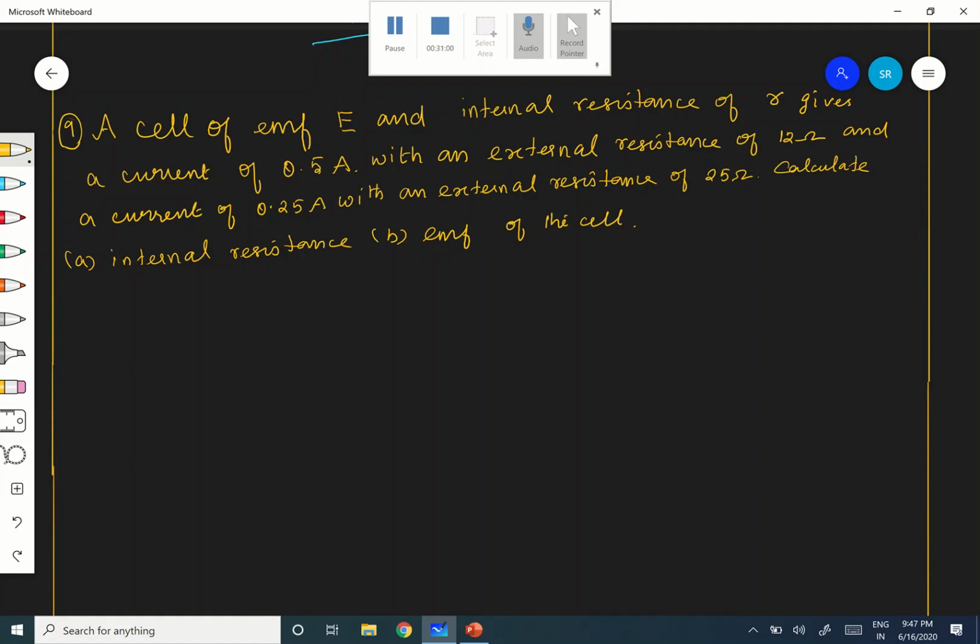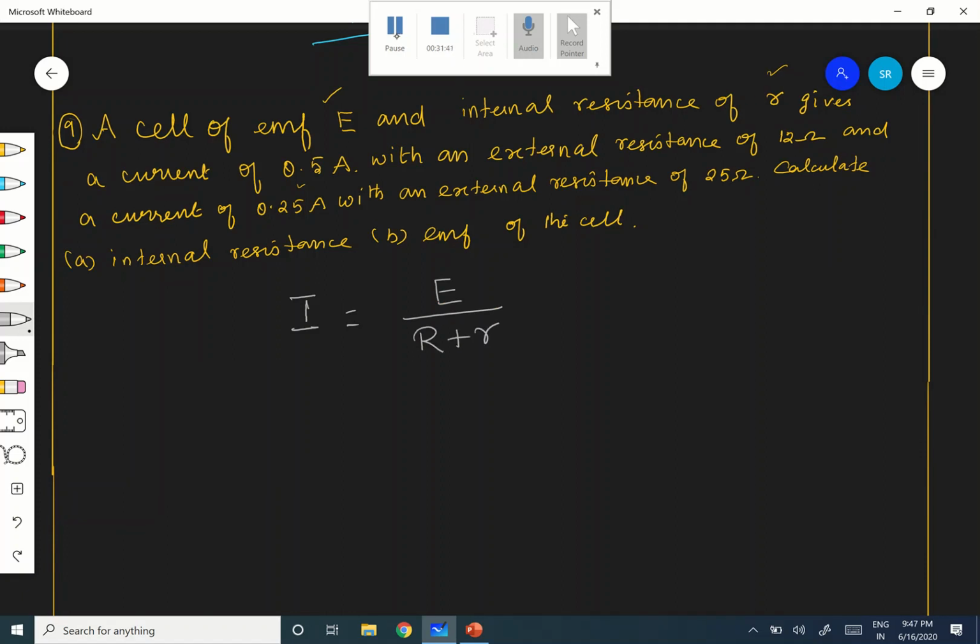Very easy. The EMF of the cell is E, r is the internal resistance, and the current is 0.5 amps in the first case, and the external resistance is 12 ohms. How do we find the current in the circuit? What is the expression for current? I is equal to EMF divided by external resistance plus internal resistance.